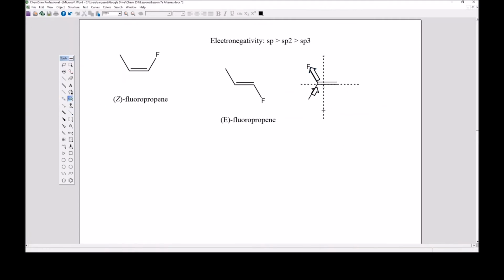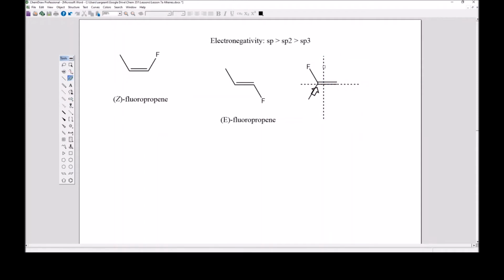Along the vertical axis, there is good agreement. They are pushing electron density up. So that's good. Along the horizontal axis, they are not in agreement. The R group is pushing it this way, more or less to the right, and the fluorine is pushing it more or less to the left, and they are in disagreement along that horizontal axis.